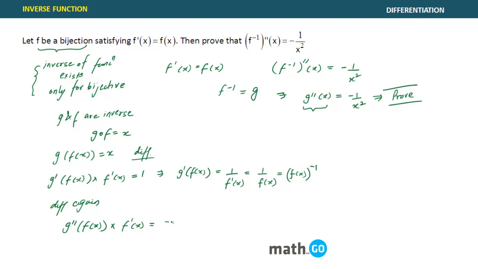So this will be minus 1 f x raised to power 2, yes, into the derivative of f x, that is the chain rule, you will get f dash x. You can clearly see that f dash x and f dash x get cancelled out. Okay, so what is actually left with us? Let me rewrite it again. It is that g double dash f x is nothing but equal to minus 1 by f x whole square.